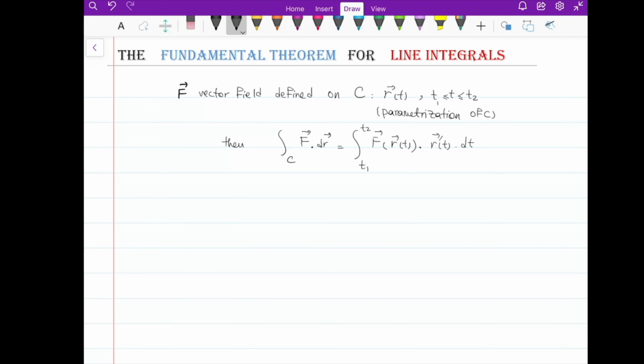Okay, so that's how we write the line integral over a vector field. We talked about this on previous videos.